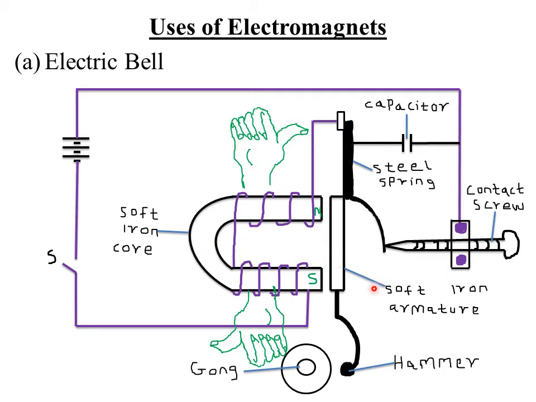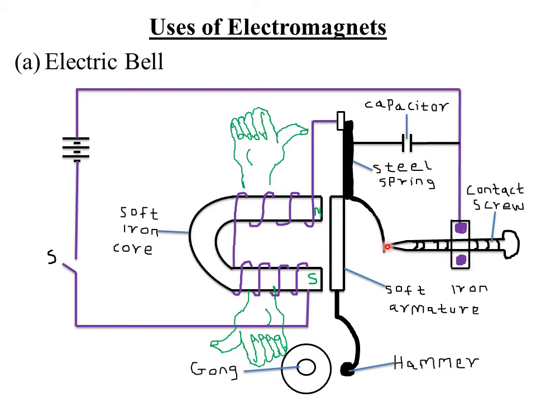The armature is no longer attracted to the core, and the steel spring again returns the armature to complete the circuit, and the process repeats itself. So the attraction of the armature separates the contact, thereby breaking the circuit. Then the magnetism in the core dies off, and the spring returns the armature to its original position. When the spring is returned back, contact is made again, and the process repeats itself.